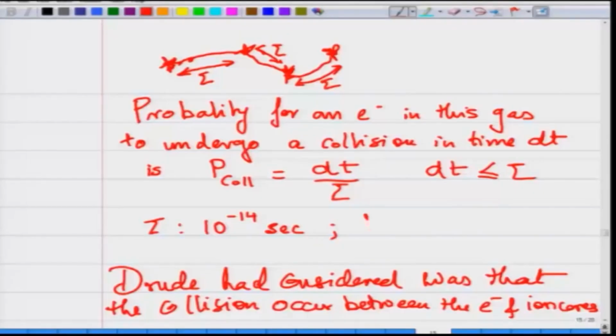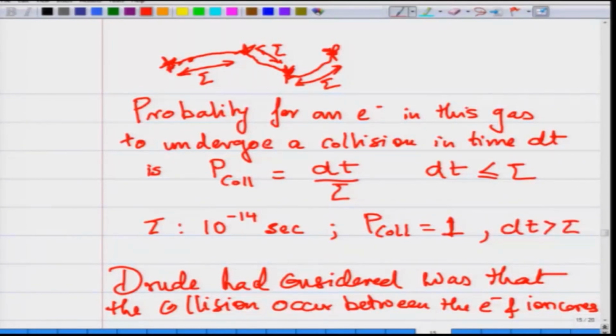The typical mean average time interval, there is of course a distribution of times, but the typical average time interval between two successive collisions is tau. The probability of the collision in time dt, if dt is less than tau, is dt by tau, and the probability of collision is 1 if dt becomes greater than tau.